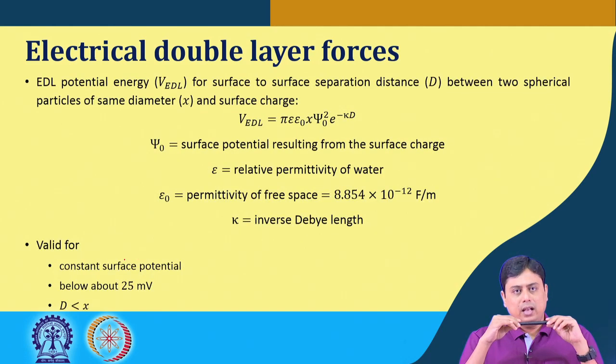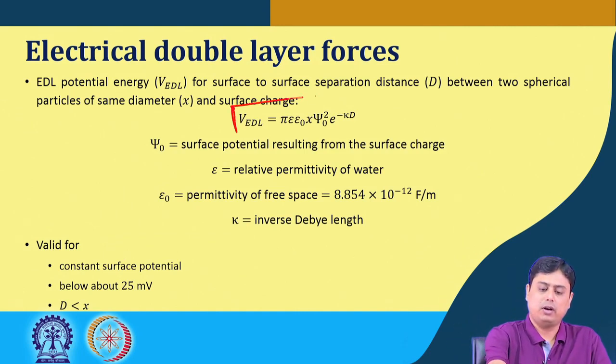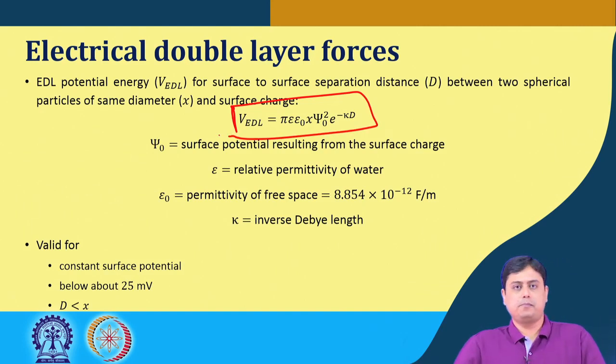So, this repulsion, for a surface to surface separation distance of d between two spherical particles of the same diameter and surface charge, can be written in this form, where epsilon is the relative permittivity of water and epsilon 0 is the permittivity of free space.